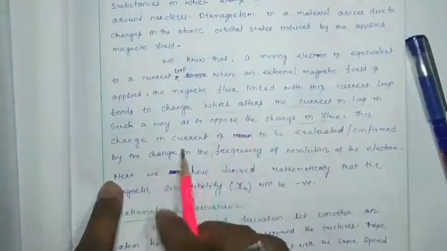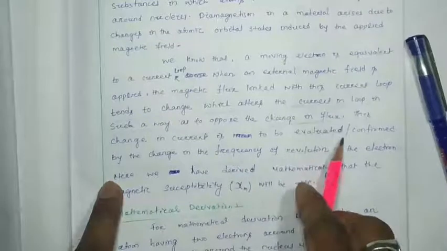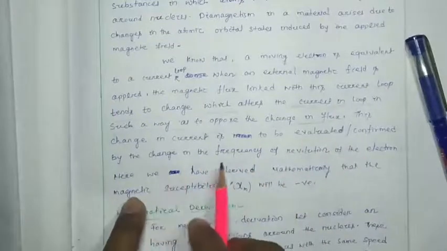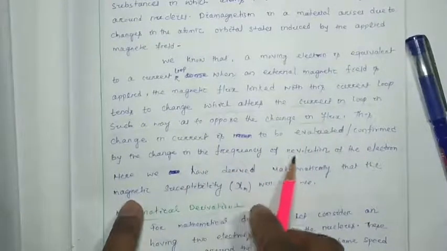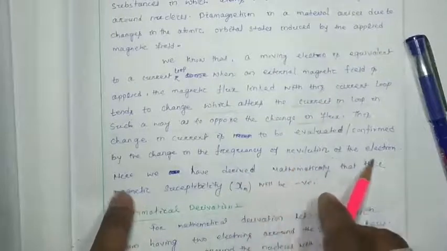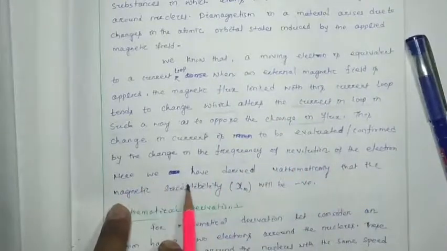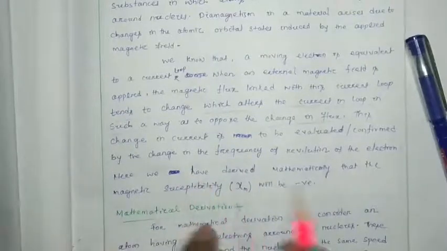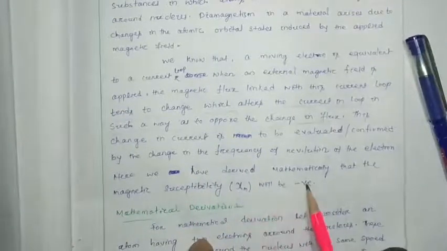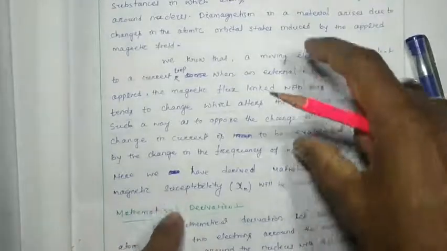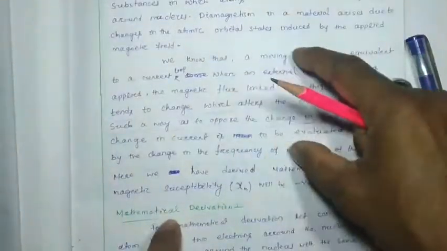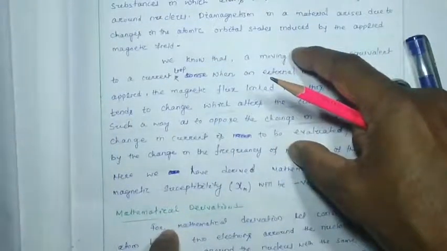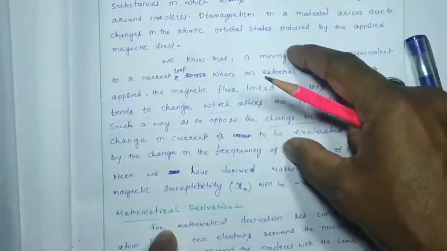This change in current is to be confirmed by the change in frequency of revolution, the so-called angular frequency of the electron. Here we have derived mathematically that the magnetic susceptibility chi_m will be negative. So these are the characteristics of how diamagnetism develops inside the material.